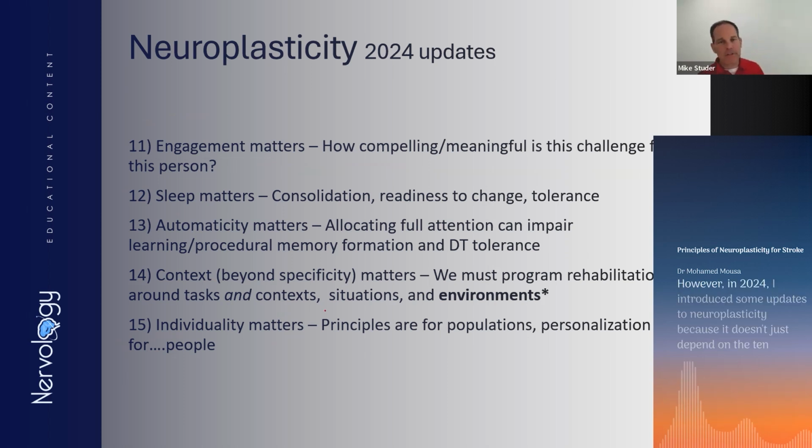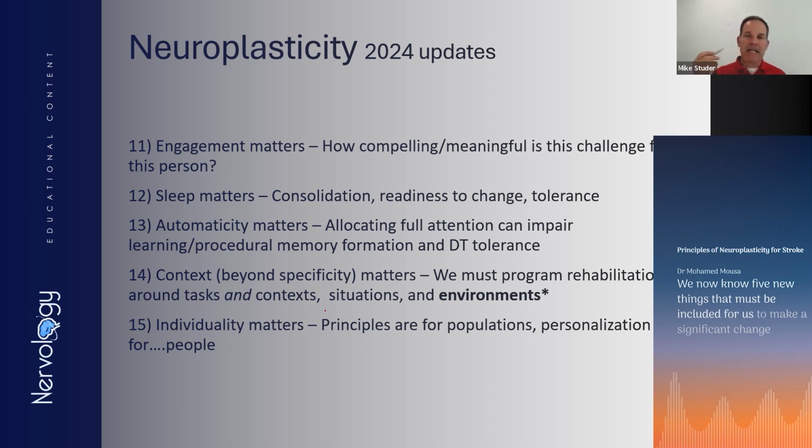However, in 2024, I introduced some updates to neuroplasticity because it doesn't just depend on the 10 things you saw on that page. We now know 5 new things that must be included for us to make a significant change in our patients recovering from stroke.